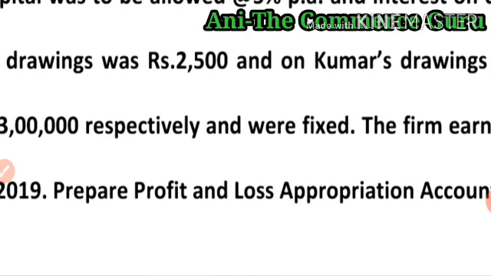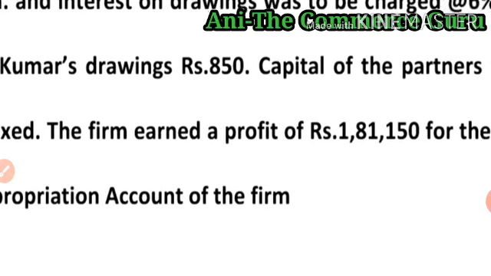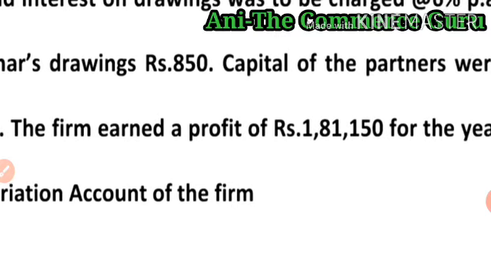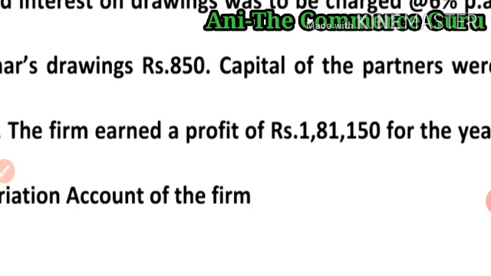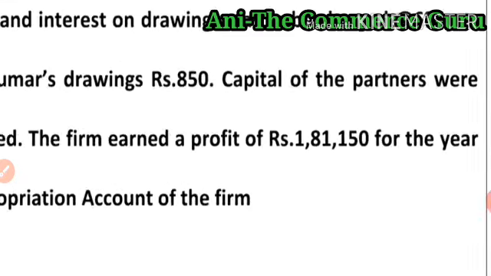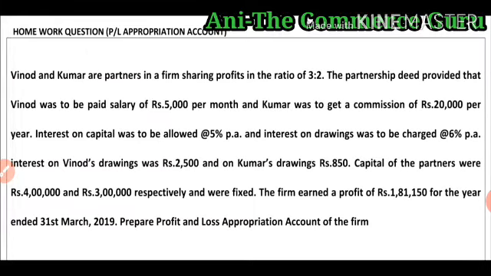Prepare profit and loss appropriation account of the firm. So here also there is no charge against profit item given in the question, so the profit you can directly transfer to the credit side of the P&L appropriation account. I hope the question is very much clear to you people, and I think you can very much do a P&L appropriation account based on this question.